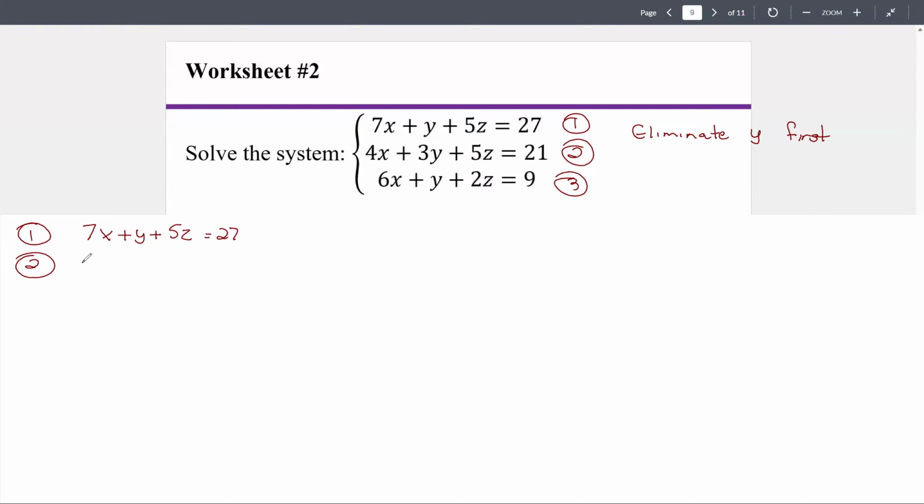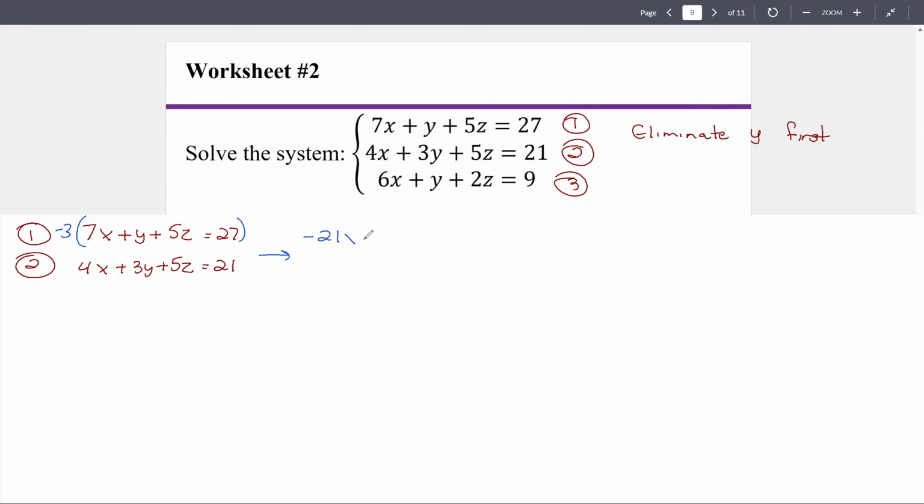And then 2 is 4x plus 3y plus 5z equals 21. So I have a 3 here and I have a 1 here. So all I did is say, hey, if I want to get rid of y first, let's multiply everything by a -3. So I have a -3 and a +3 to cancel out.